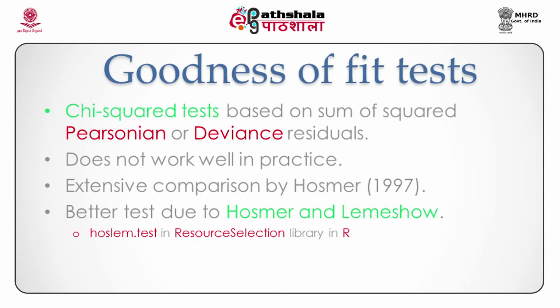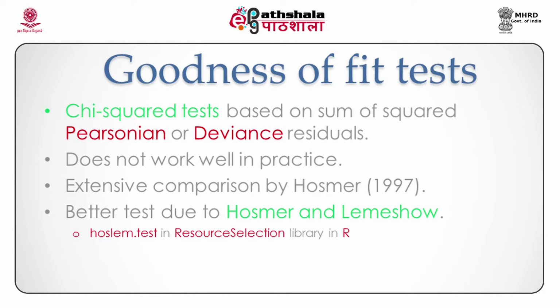After performing residual analysis, we might also wish to perform a goodness of fit test. So you have heard before of the Pearsonian goodness of fit test, which holds for categorical data, and we have also introduced the deviance function and seen how the deviance function can be used to test goodness of fit.